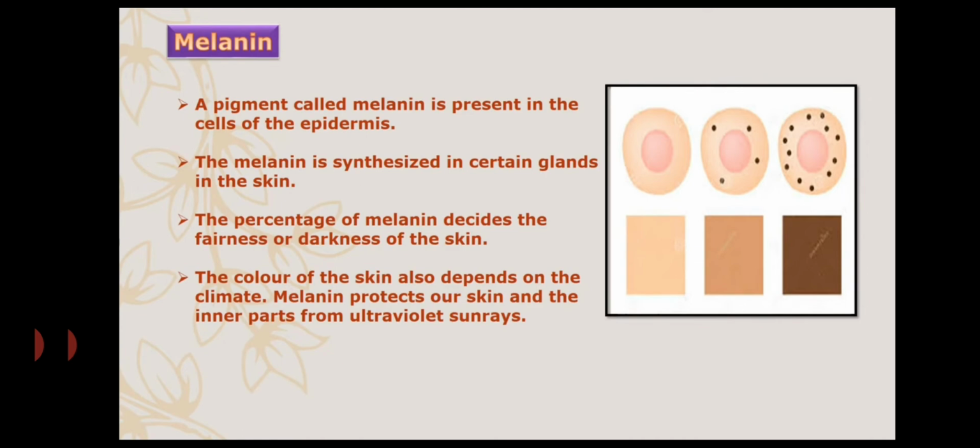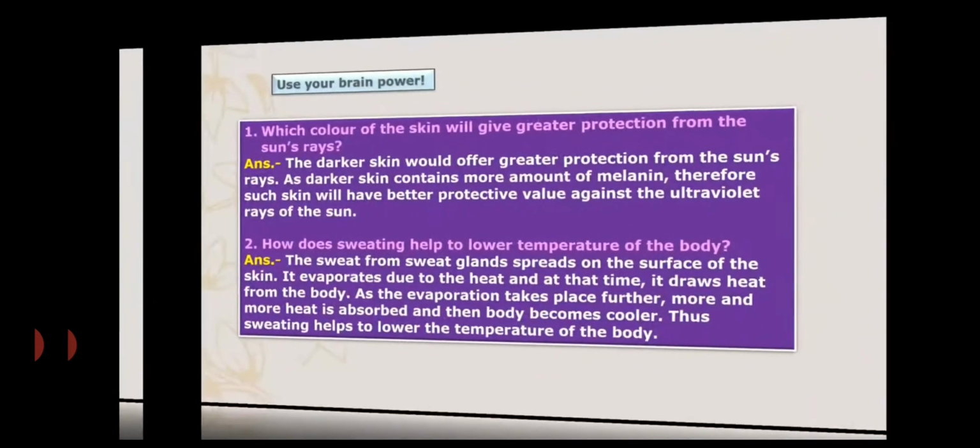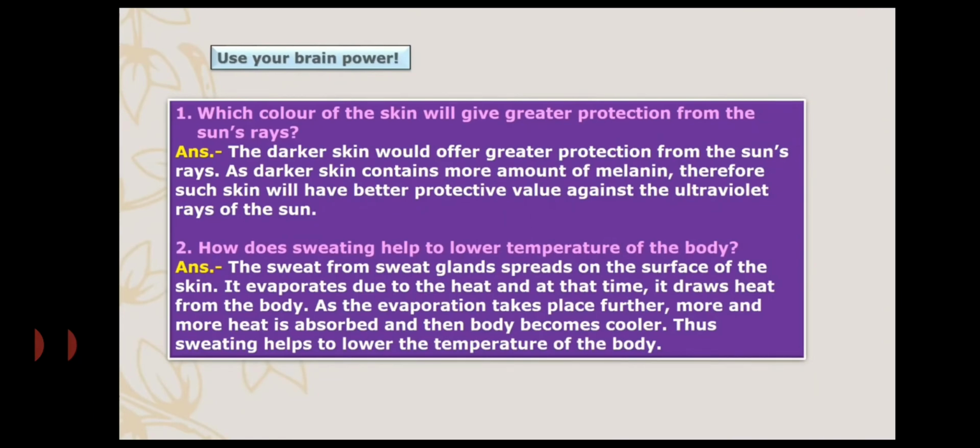Otherwise, the internal parts of our organs will be affected by ultraviolet sun rays. So, next one is use your brain power. First question: which color of skin will give greater protection from the sun's rays?